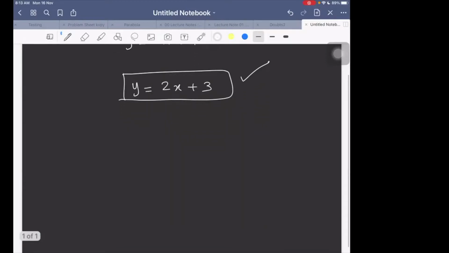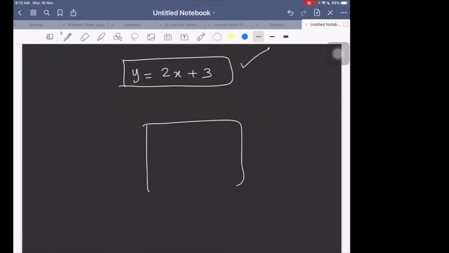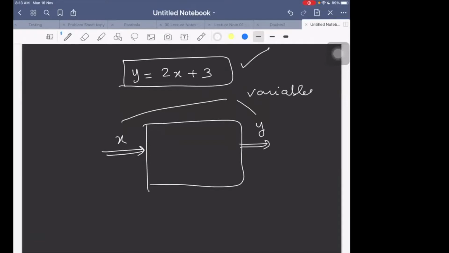In the straight line, if you keep giving different x values, you keep getting different y values. So these are what we call the variables. This is generally called the independent variable, and this is generally called the dependent variable.